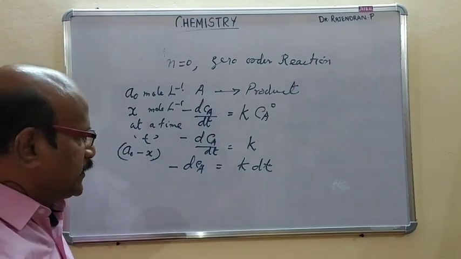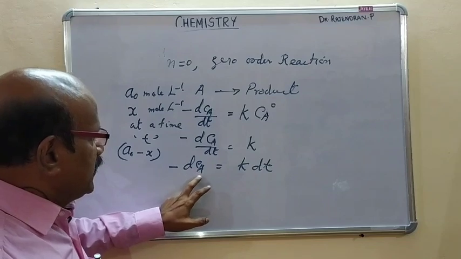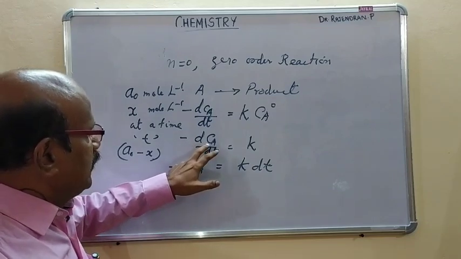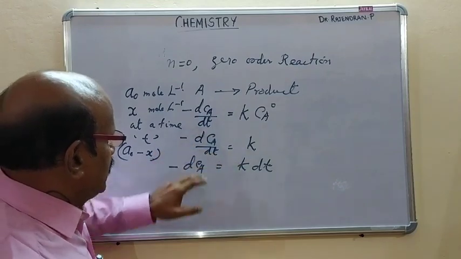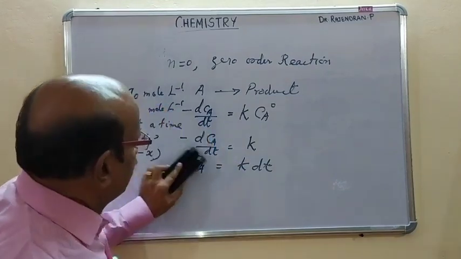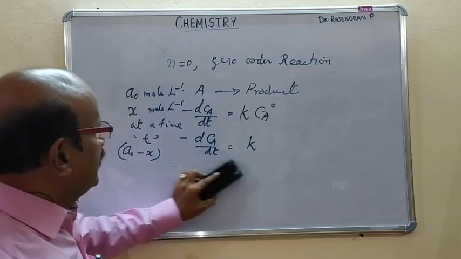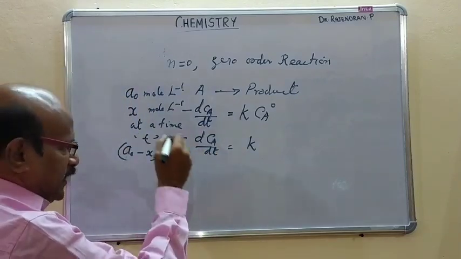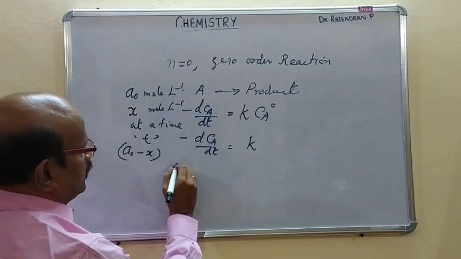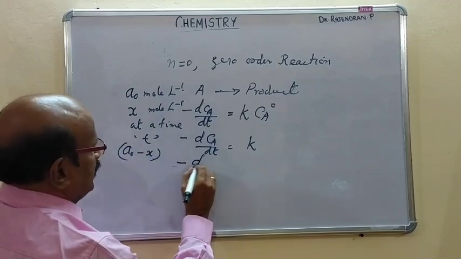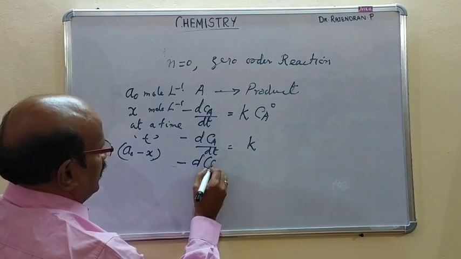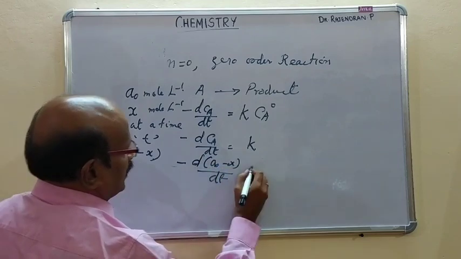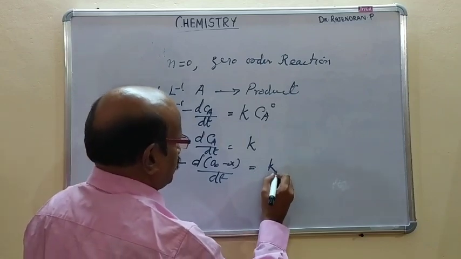So we can write minus dC_A by dt, the instantaneous rate of the reaction, as minus d(A0 minus x) by dt is equal to k.